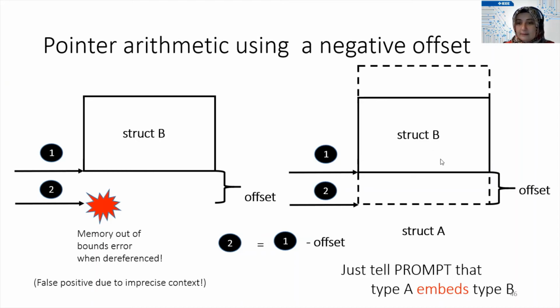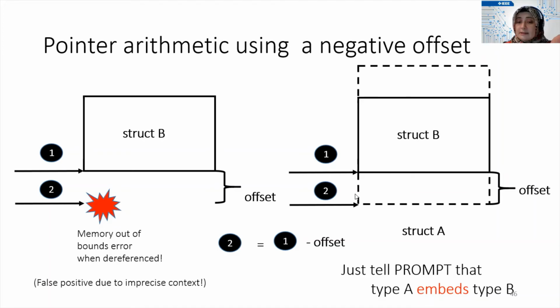Whereas if we realize this dependency between struct B and struct A, that B gets embedded in struct A, then we can prompt this fact with the phrase type A embeds type B, and what will happen is that whenever a pointer gets lazily initialized and that pointer type is B, it gets created inside a struct A object.